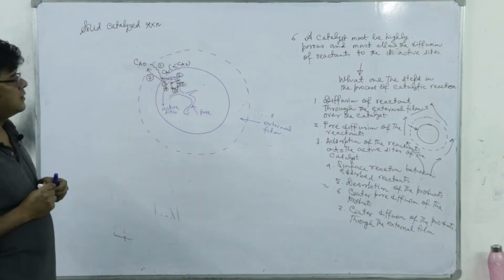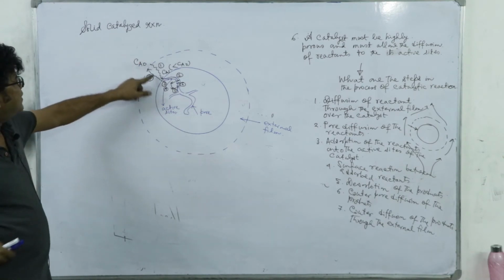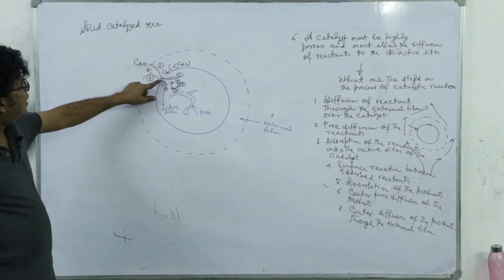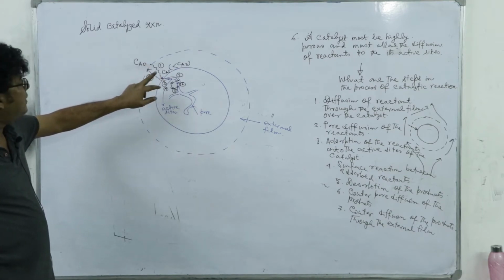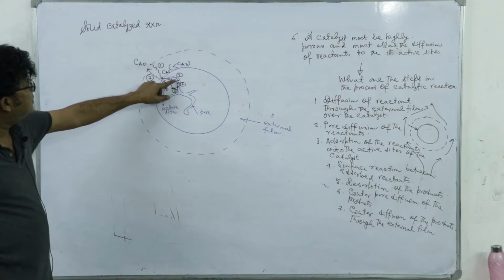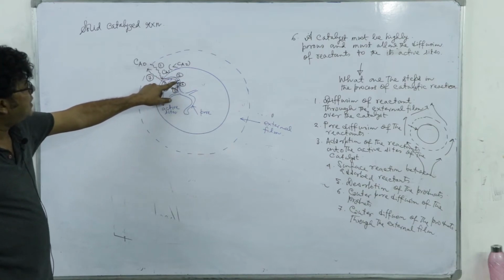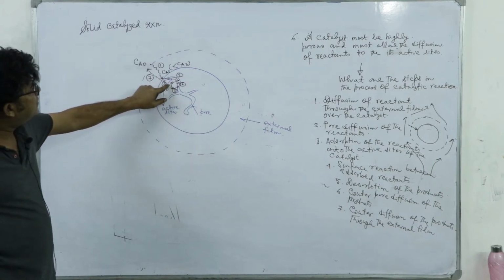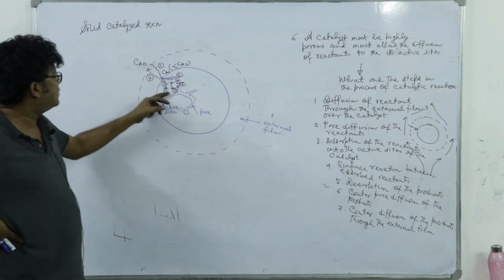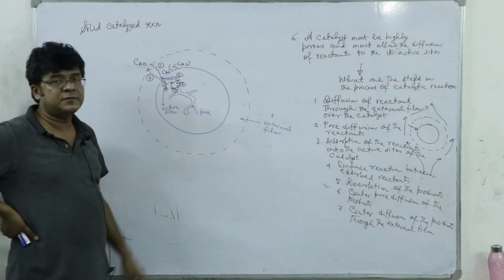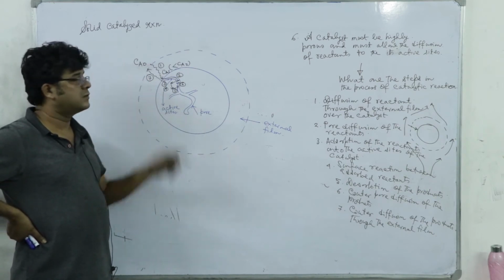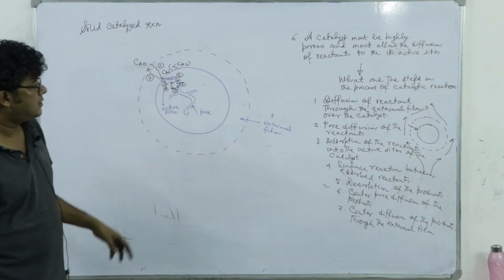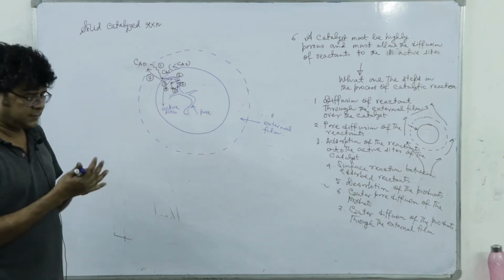So try to note that first we have the diffusion of the reactant through the external film. Next, it is the diffusion through the pore and reaching the active sites. Next, it is the adsorption. Next, it is surface reaction. Next, it is desorption of the product, counter pore diffusion of the product, and counter bulk diffusion through the external film. Right. So these are the steps.